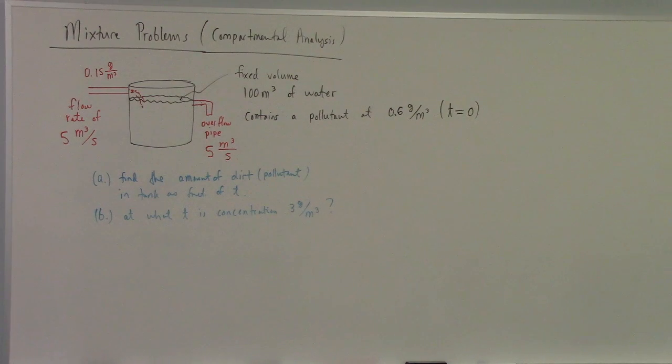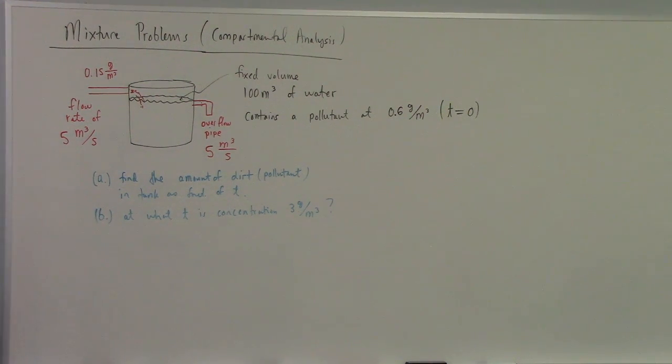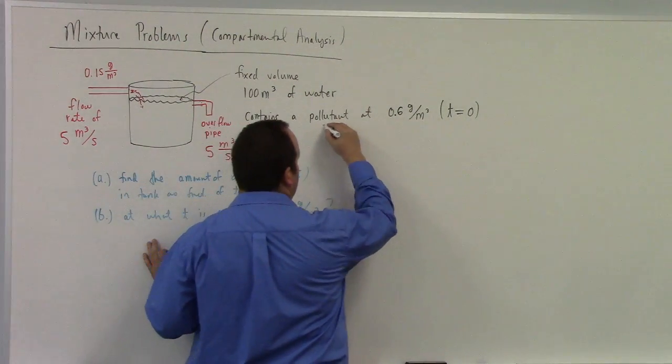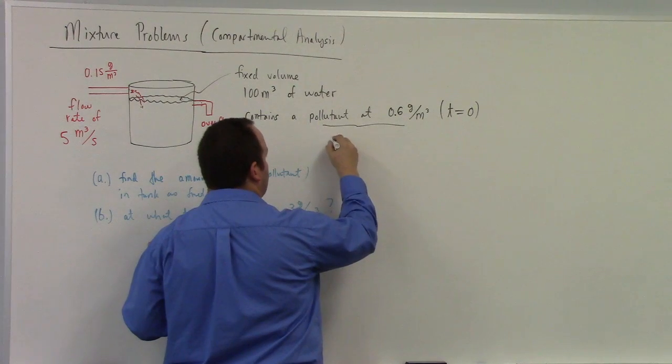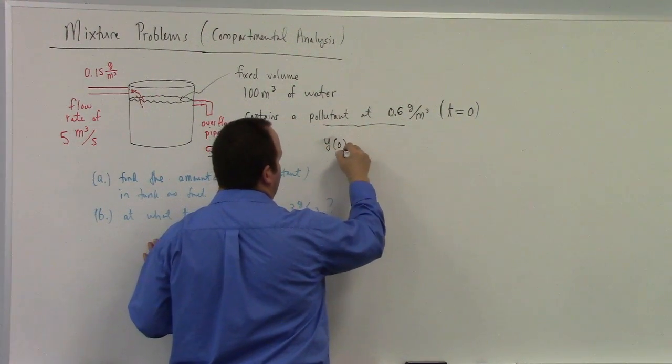Personally, I think it's way easier to think about the total amount of pollutant at time t. For example, how much pollutant, how much dirt, is there in the tank at time 0? Not 0.6, that's grams per cubic meter. Let's say Y is the dirt. What's Y of 0?